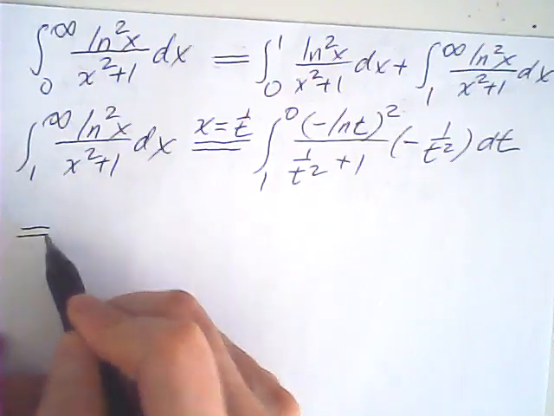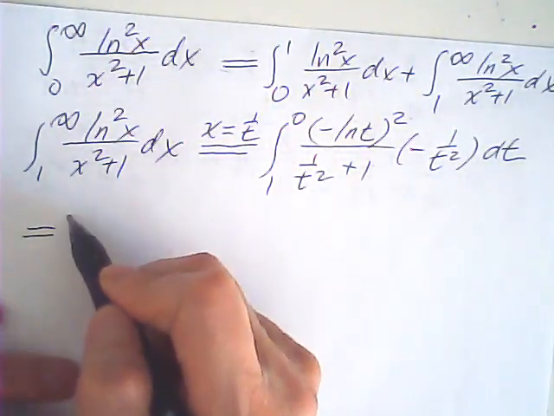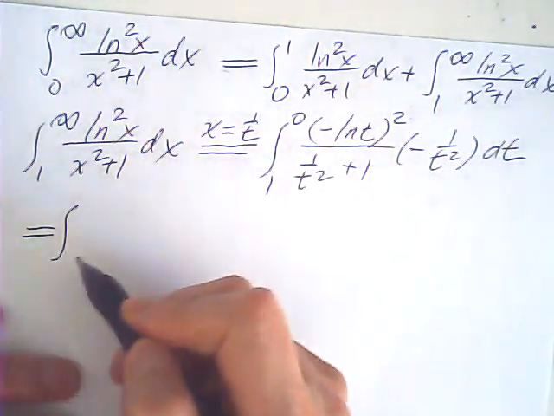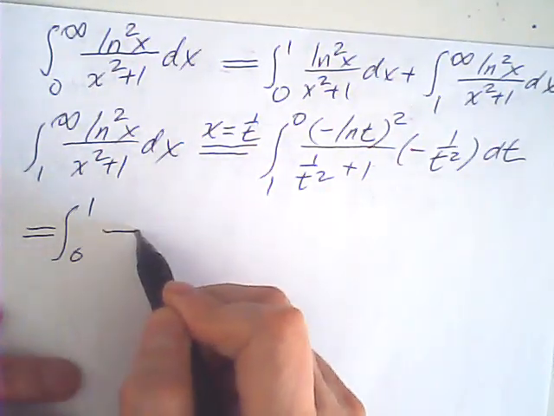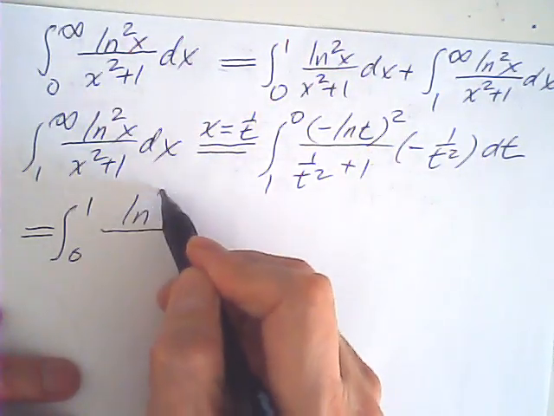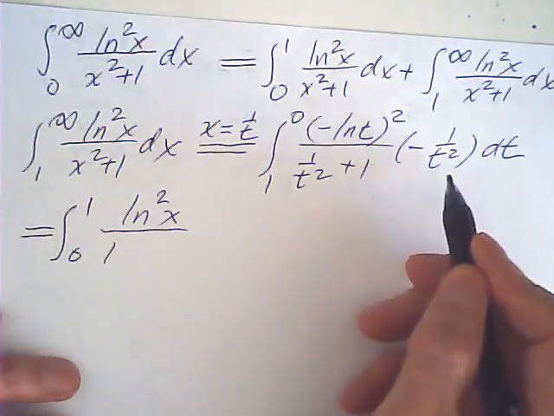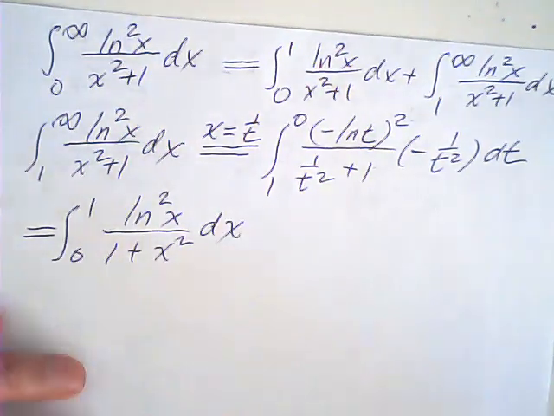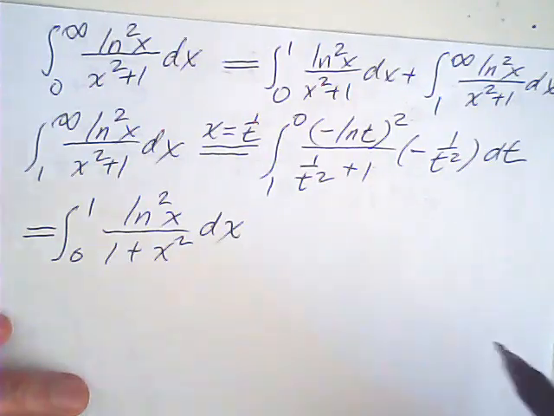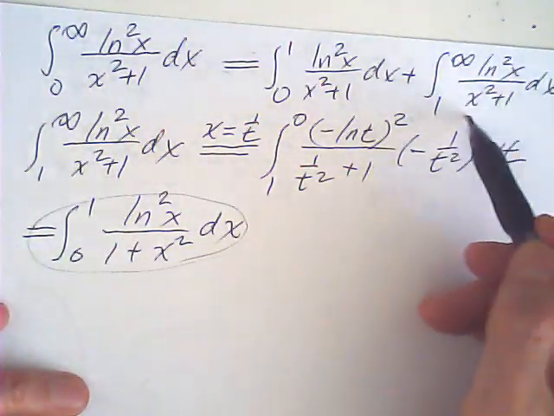So this one equals, let me write t for x, just dummy variables. This negative switches the order, 0 to 1. Then this becomes log square x, t for x. This one is 1, this one is x squared, and the dx. Yeah, this one is this, right?